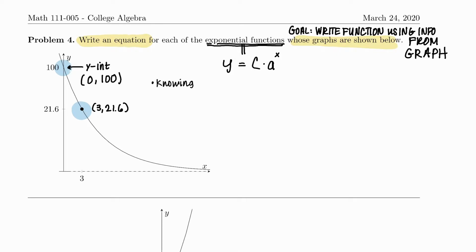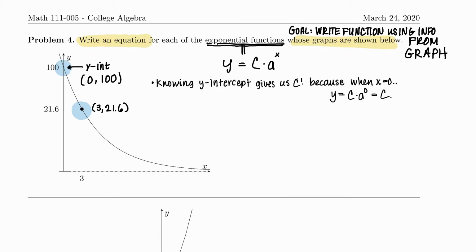Knowing the y-intercept gives us the value for c, because when x is equal to 0, y is going to be equal to c times a to the 0, which is just c.